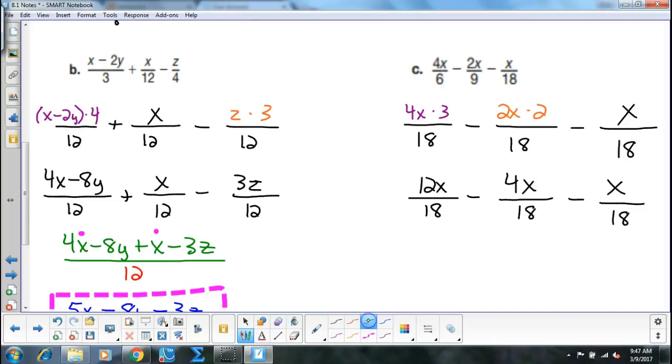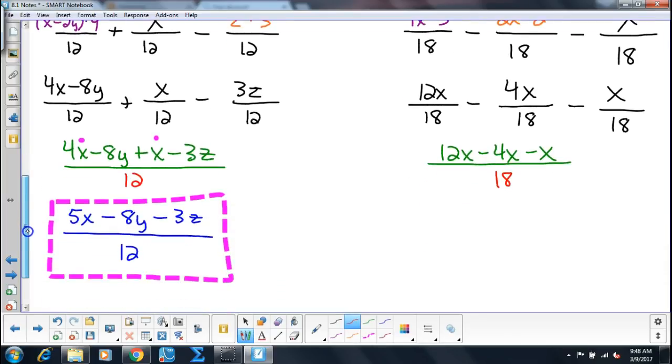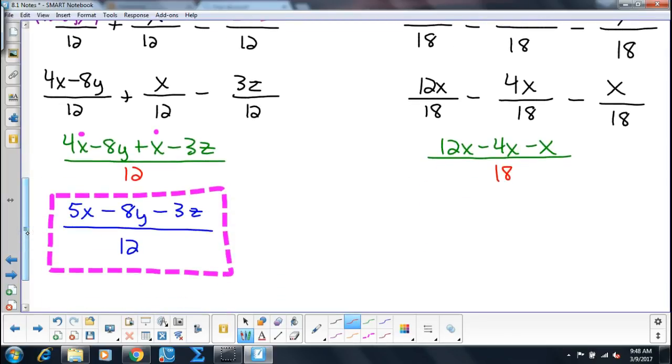Okay, so my numerator then becomes 12x minus 4x minus x all over my common denominator of 18. So that one, 12 minus 4 is 8, minus 1 is 7. So I get 7x over 18.